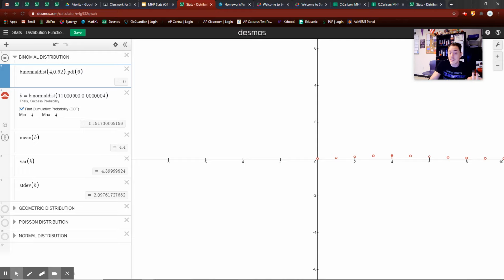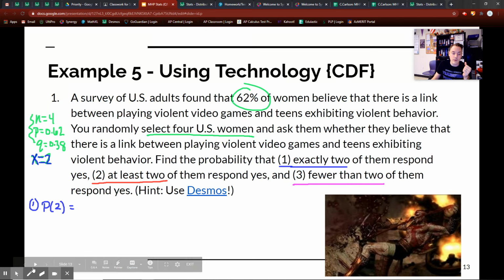But if I change it to 6, it's still null because 6 is greater than 4. I want exactly 2, and then boom, we have our probability: 0.333. So I'm going to write that down here, 0.333. That's roughly 33% of women.